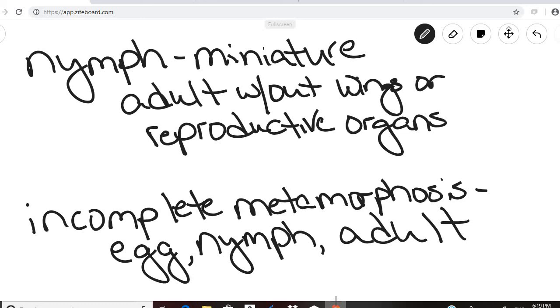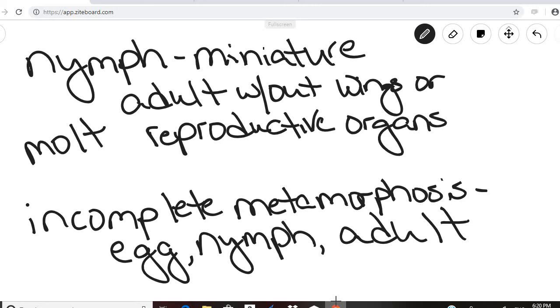Usually the insect will molt several times during the nymph stage and just keep growing, and as it grows it will develop wings and reproductive organs. So it's considered an adult when it has developed wings and the reproductive organs.